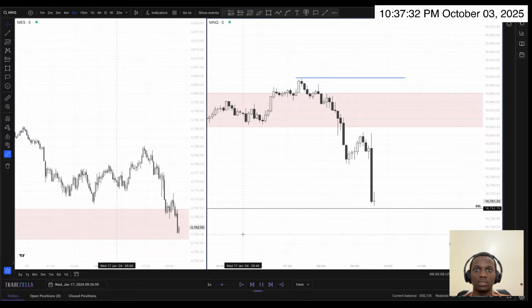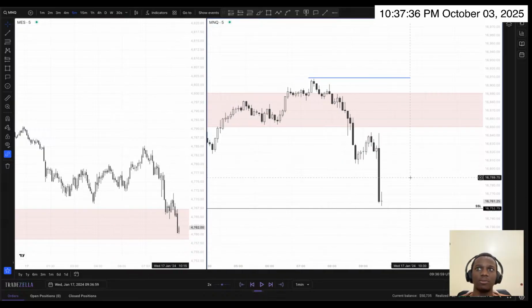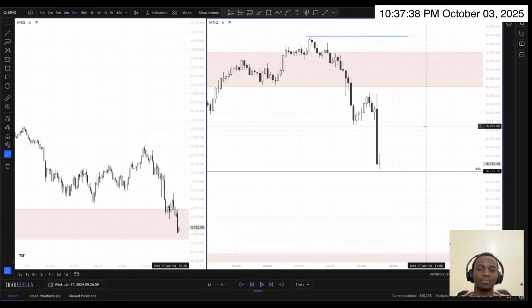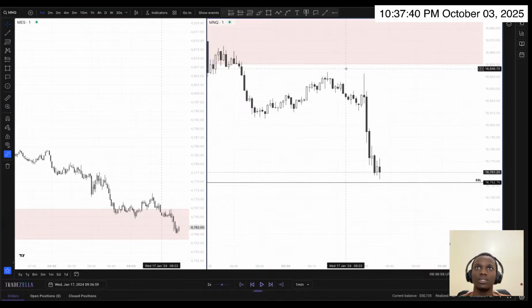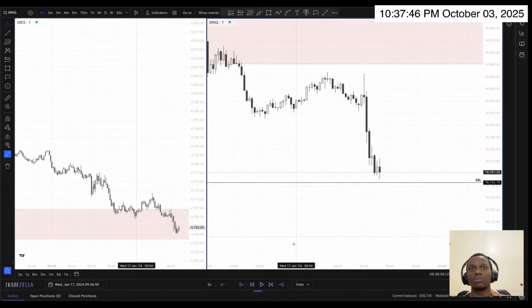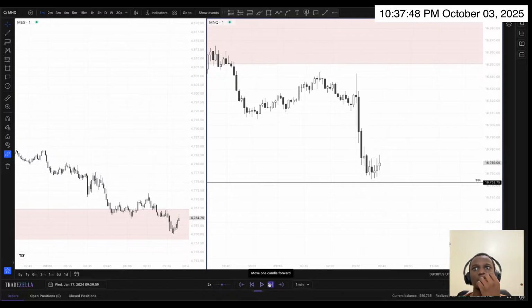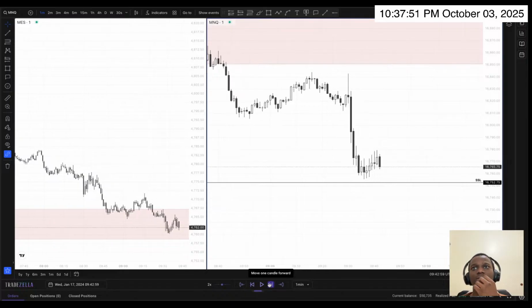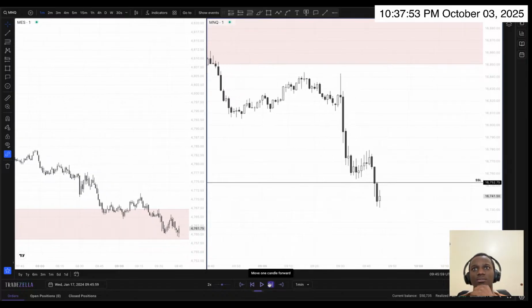Okay, market has just opened and it's dropped a couple of points lower down the 1 minute. You can see it tried to run this high, but it ended up running just this one. Dropped, almost operated there yet. Let's see, do we retrace to that first presented fair value gap?